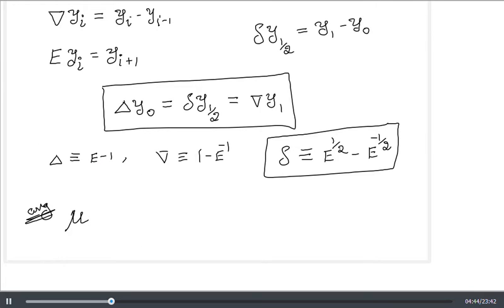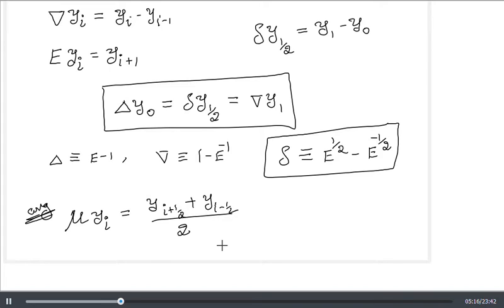If you take mu acting on yi, it is y at i plus 1 by 2 plus y at i minus 1 by 2, divided by 2. It means that in the center you move half a step forward and half a step backward, you add them and take the average of it. So this is the average operator.